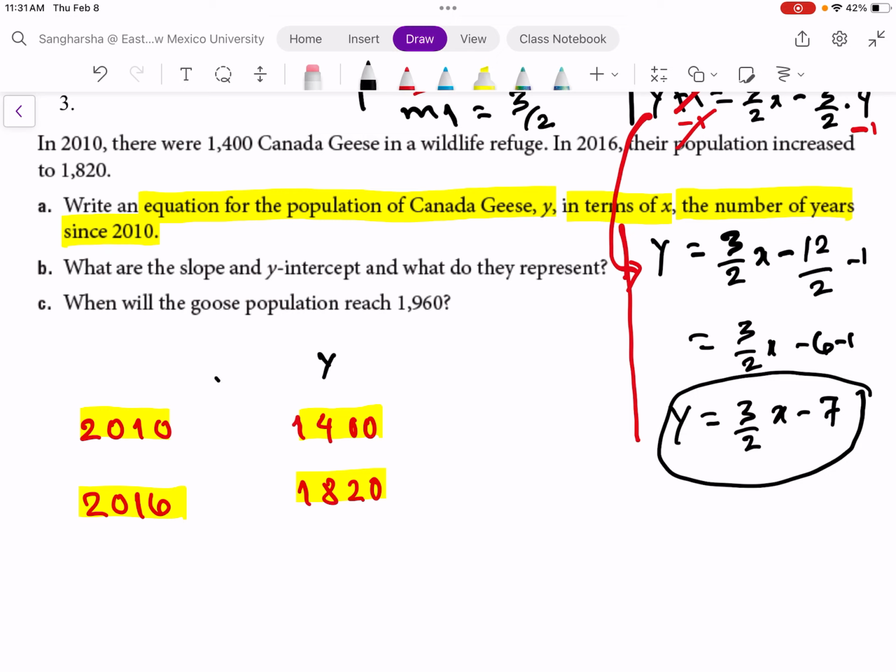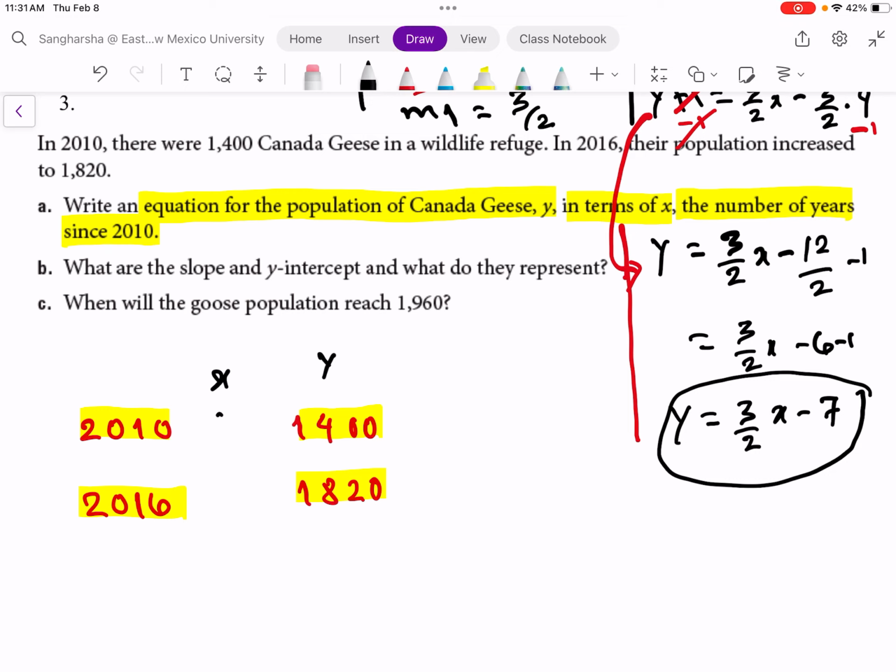If that is the case, what is x for the year 2010? x is the number of years after 2010, so for 2010 it's 0 years, the same year, so x is 0.